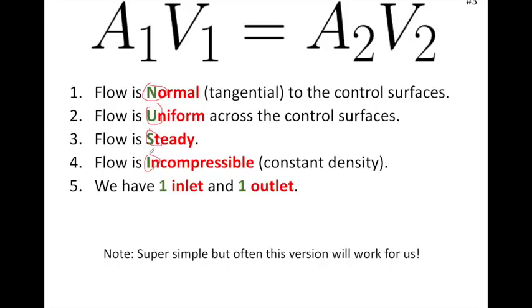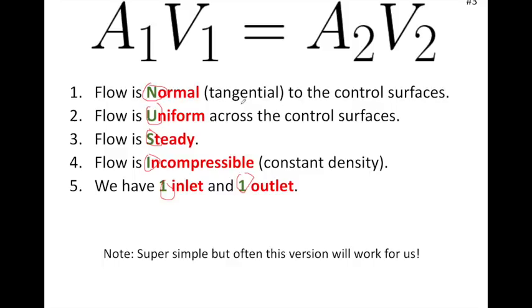Is it incompressible? And do I have one inlet and one outlet? That way you've got just a systematic list to work your way through. Now the trick is saying, okay, first of all, when can I assume it's normal? And if I assume it's normal, what does that do to my equation? And then doing that for all 5 of these potential assumptions.